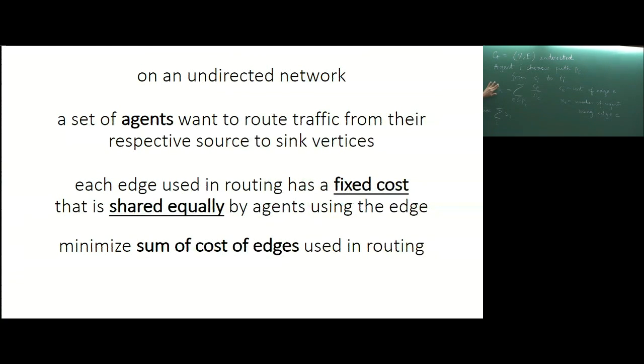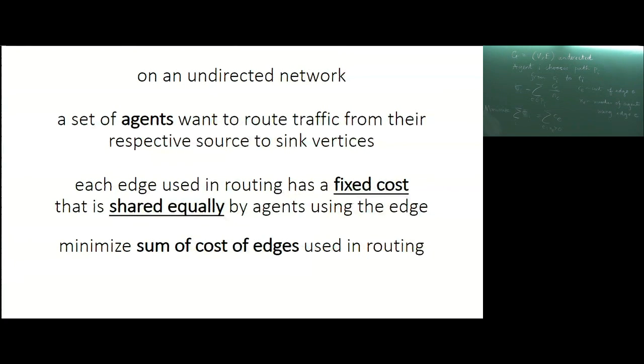Let's call this sigma I. So you want to minimize the sum of all the agent costs, which can also be written as the sum of all costs of edges that are used in a network. So edges for which the number of agents using the edge is at least one. So this is the setup. Any questions about this till now?